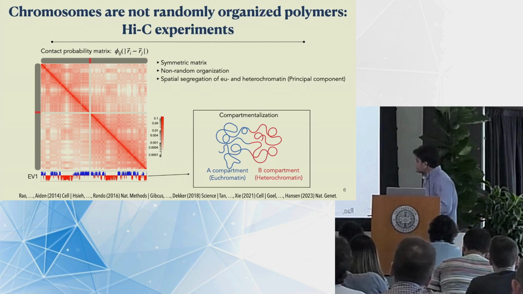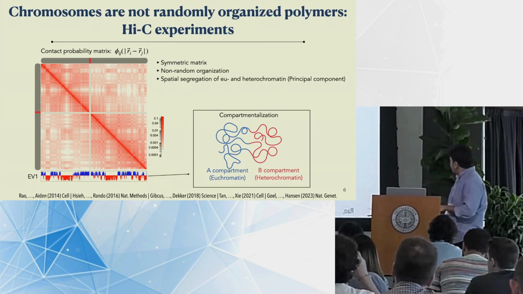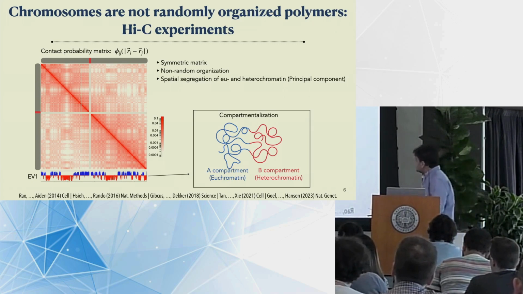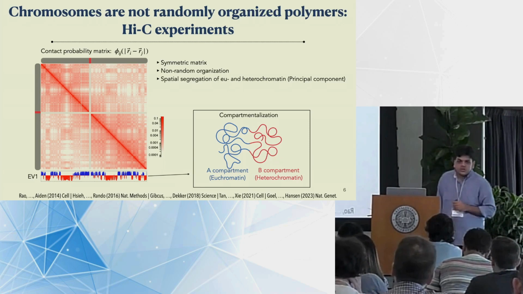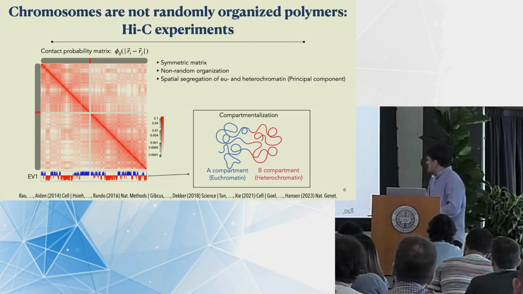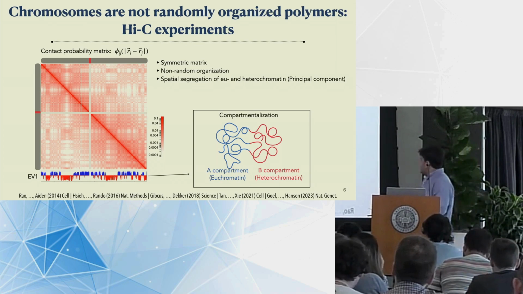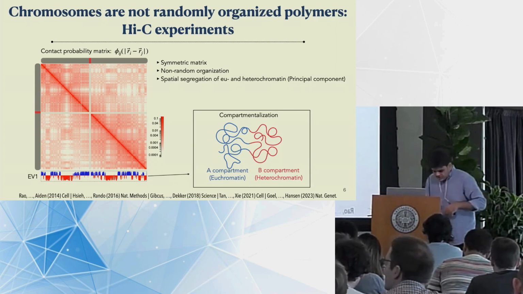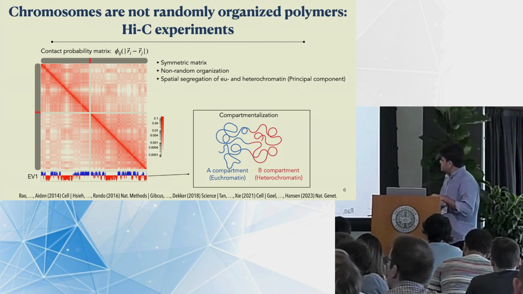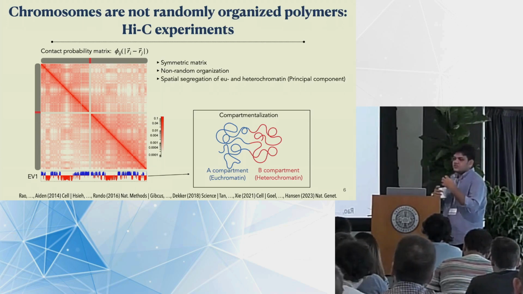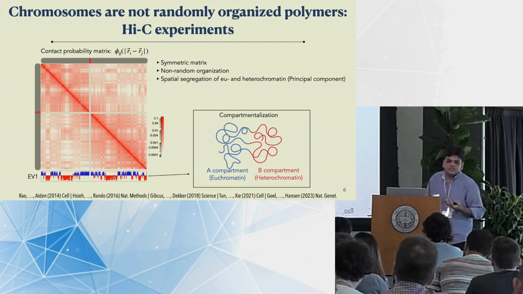Another interesting thing that is going to be important in the first part of the talk is the principal eigenvector. It turns out that this kind of organization is what is called the compartmentalized genome. So the two parts, if we call them A and B, as we said yesterday, A compartments like to stay in close proximity to other A compartments.